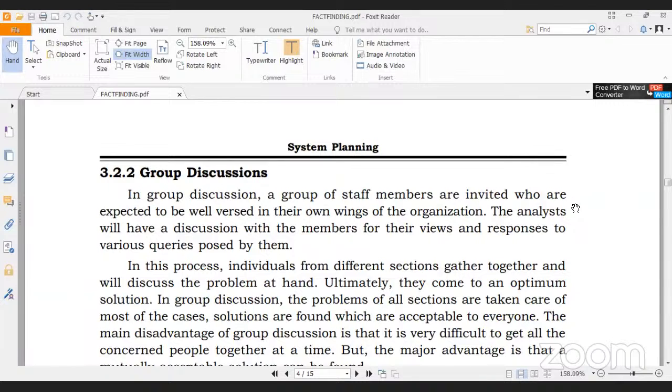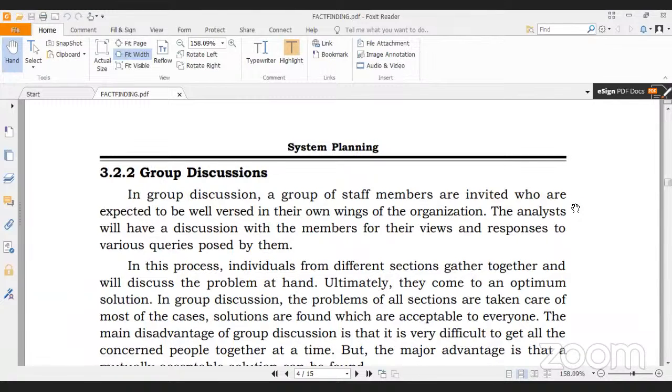Like, as I told, course coordinators will be invited, clerk will not be invited, peon will not be invited because they are not experts. They don't have sufficient knowledge on that. So it is expected that the persons asked for the group discussion should be well versed, well acquainted, with sufficient knowledge in their own wing or own course or own department of the organization.